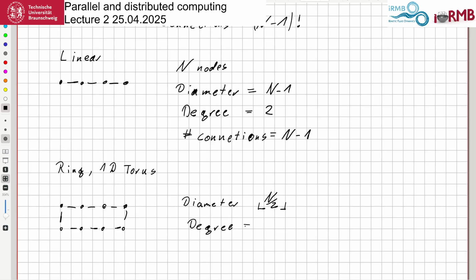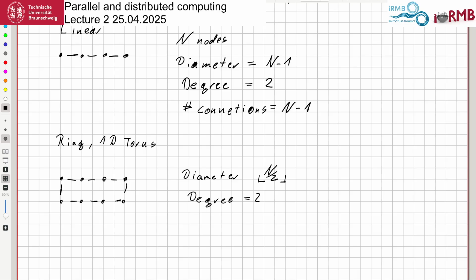The degree is obviously 2 because now all of them have 2 connections. If you have a fence that is closed, your fence post problem is you have the same number of fence segments as you have posts.